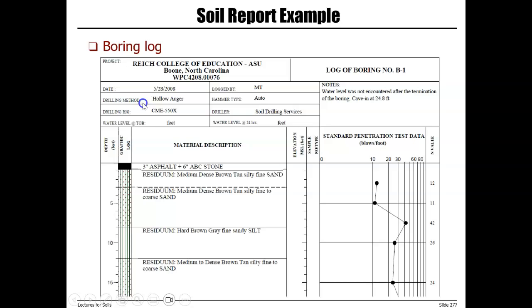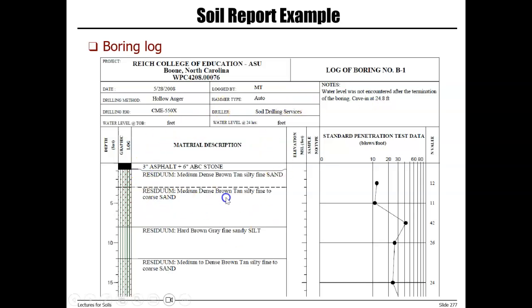They used a hollow auger, information for the drilling rig, water level, logged by, hammer type, driller, and water level after 24 hours. There is also a notes section which says that the water level was not encountered after the termination of the boring, and caving happened at 24.8 feet.